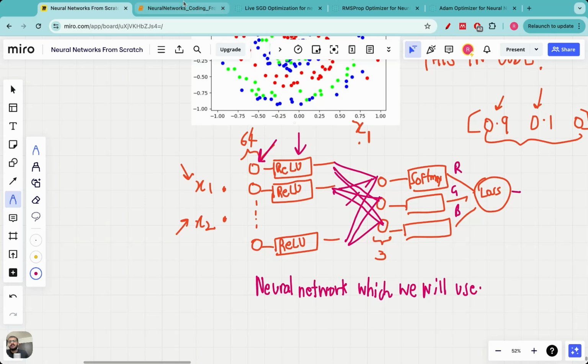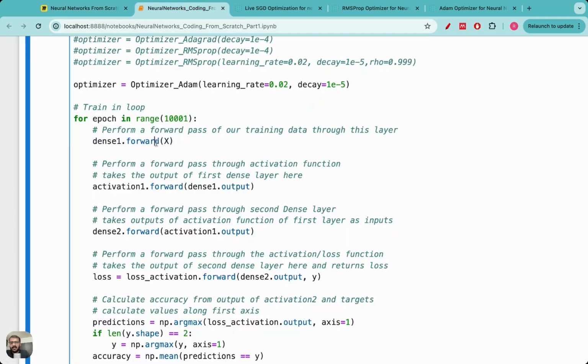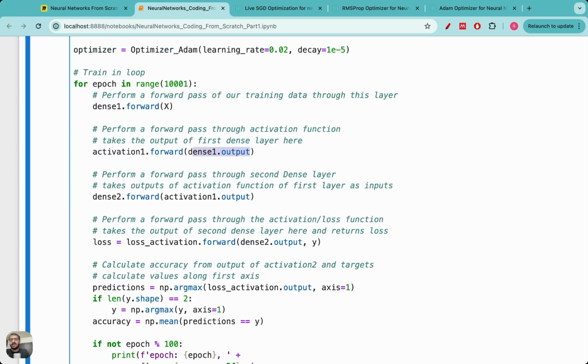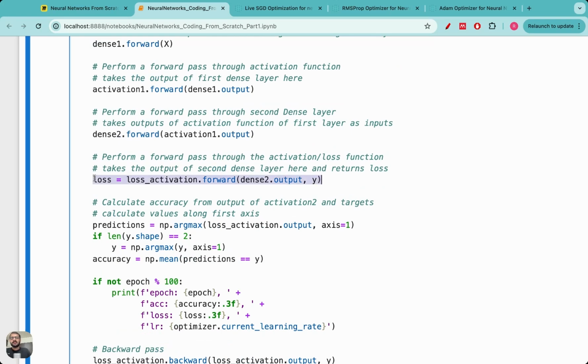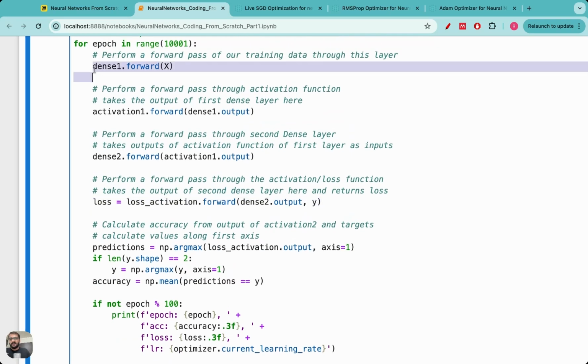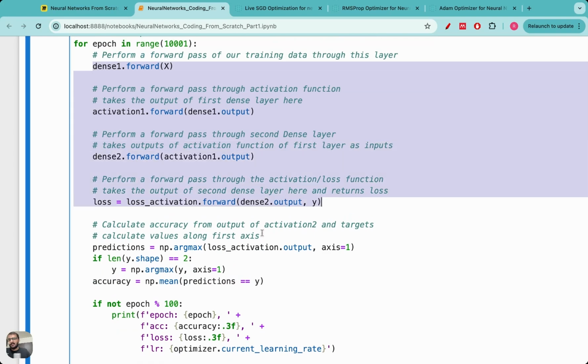The output of the first layer is fed as the input to the ReLU activation. Then we do the forward pass through the ReLU activation. The output of the ReLU is fed as an input to the next layer, which is the second layer. And then we calculate the softmax and the categorical cross entropy loss. So all these four statements up till here are the forward pass.